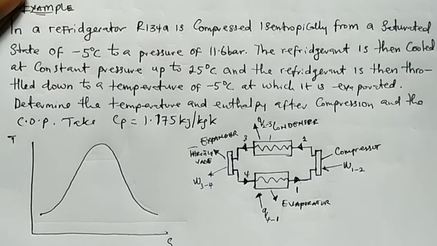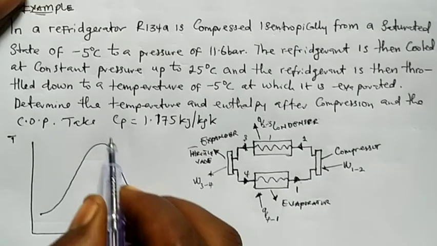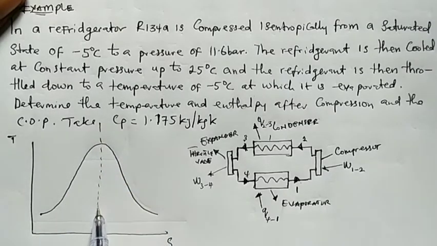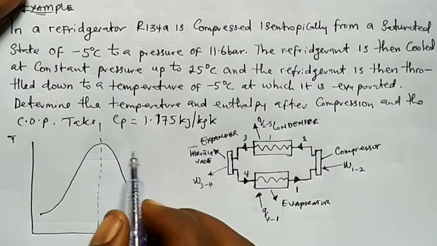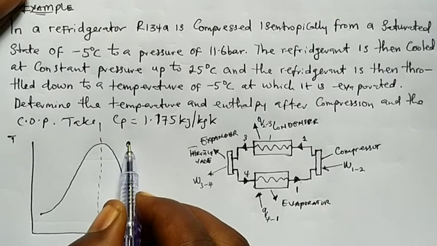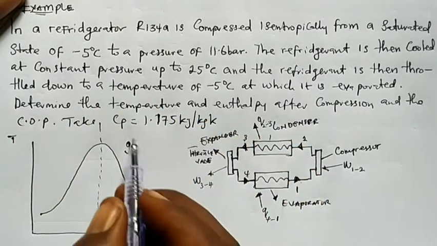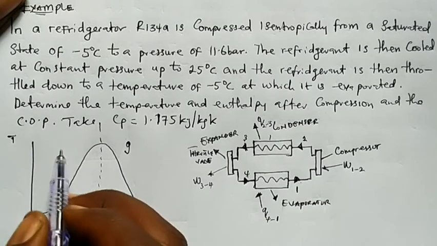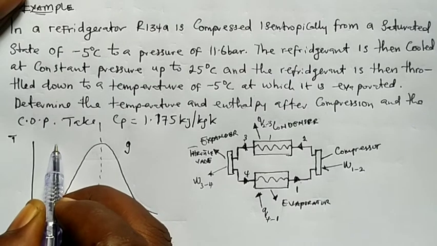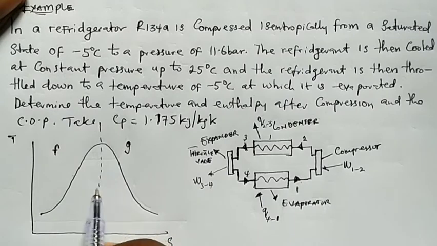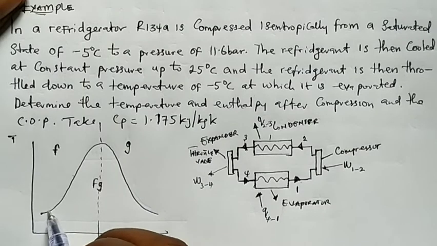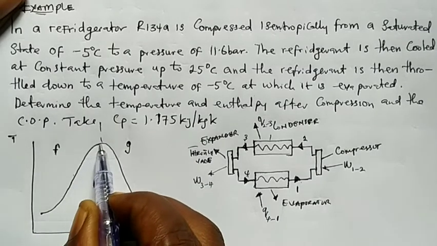Now, one thing you need to understand is that if I divide this into 2 this way, the right hand side is said to be my gaseous region. The left hand side is said to be my liquid region. So instead of me using L, I will use F to represent liquid. While in between is said to be my liquid and gas, so I'll be using F and G. It's also called the wet region. Anything that falls on this line is said to be what? Saturated.